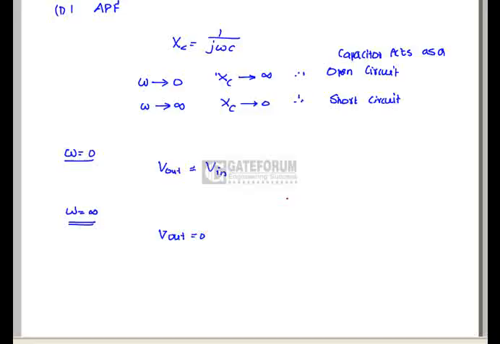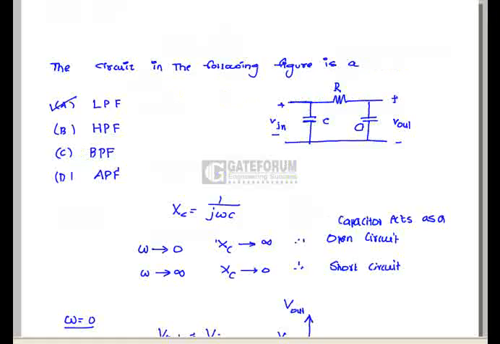If we plot output voltage as a function of frequency, at ω equals 0 it is Vin, and at ω equals infinity it is 0. That means as frequency increases, the output decreases. That is the function of a low pass filter, which is option A.